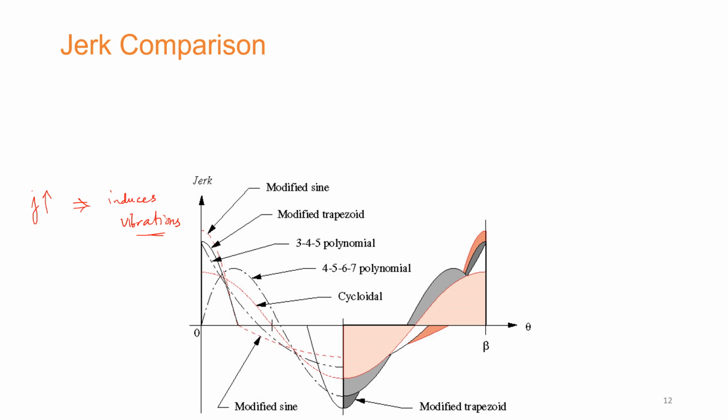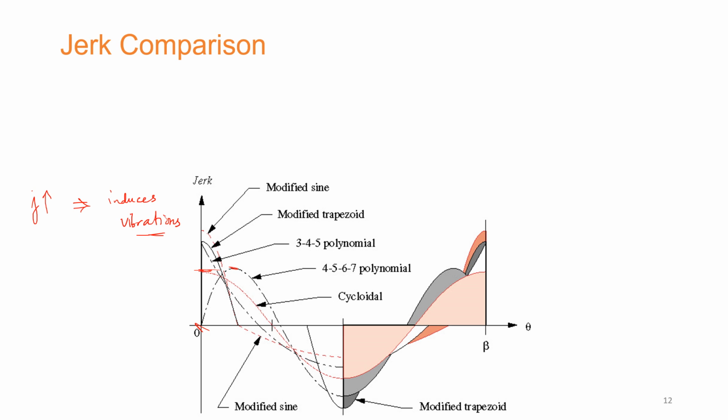It starts from zero value right over there. It goes up all the way to this value, and then it falls down and goes to the other side. Among the other curves, you can see that the other curves are starting from some other finite values, which can be problematic.